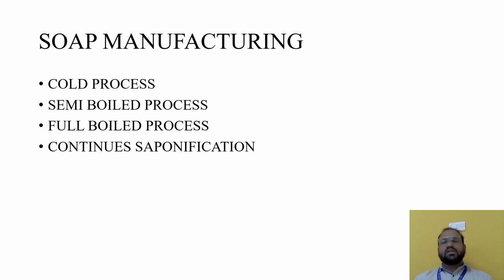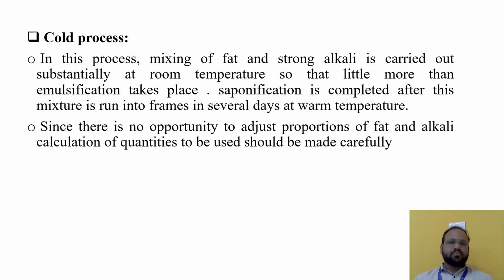Soap manufacturing can be done using four different processes. One is the cold process, the second is the semi-boiled process, the third is the full boiled process, and the fourth is continuous saponification. Cold process: in this process, mixing of fat and strong alkali is carried out substantially at room temperature so that little more than emulsification takes place.